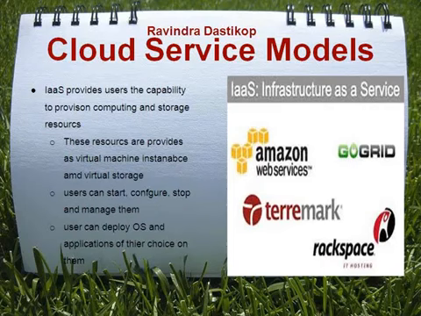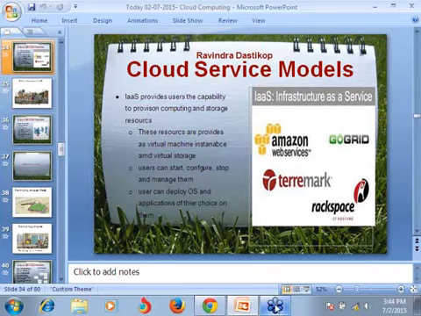So when you have this, IaaS providers provide capability for computing, storage, and resources. For example, you see here that Amazon is providing you web services. It is also providing you storage spaces and all such things.